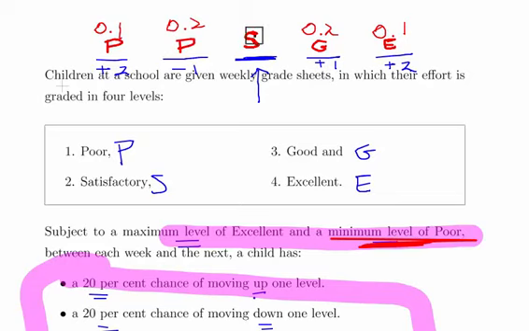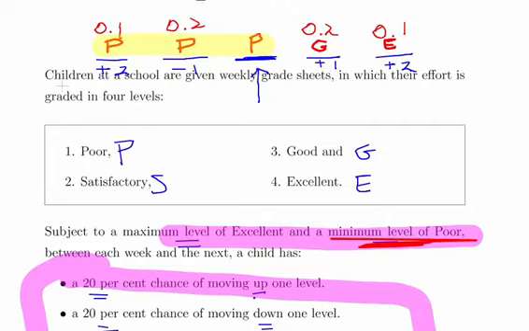Now, let's say, for argument's sake, we are starting off poor. If we go down 1 level, we still will be classified as poor, and if we go down 2 levels, we'll still be classified as poor. So there are actually 3 possible ways you can end up classified as poor.